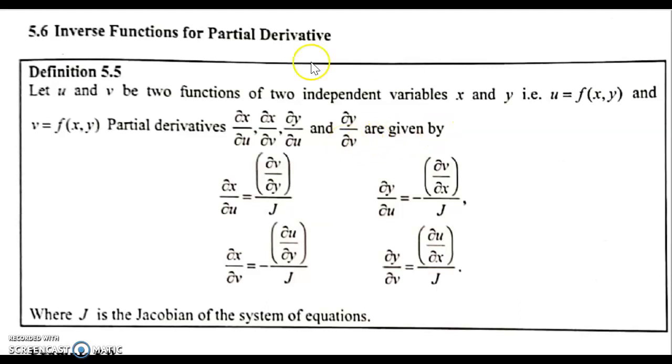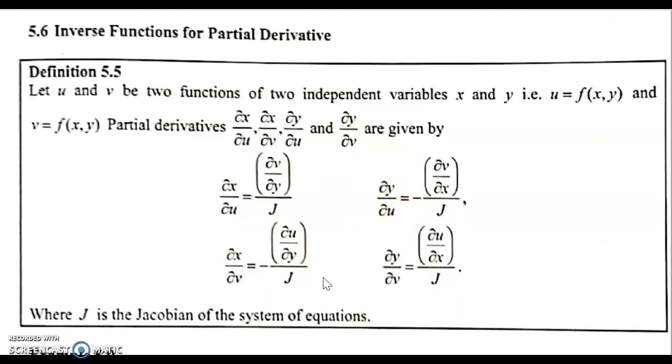You will need to conduct an inverse function using this formula, right? As you can see, to find partial x over partial u, this is the formula which involves J, or Jacobian, as the denominator.